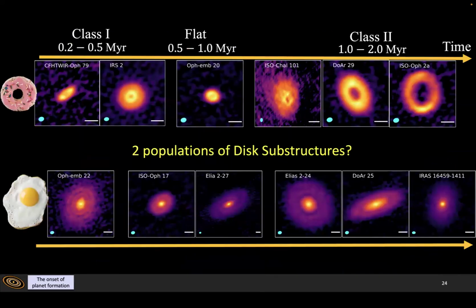And interestingly, we found there are two populations of these substructures in our sample. One is a C-type, a donut type with a large central cavity, and the other one is centrally filled. And we see these two types of substructures very early on, in early class 1, all the way to class 2.